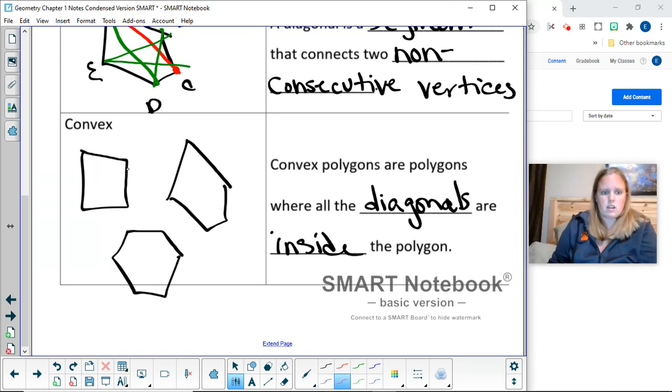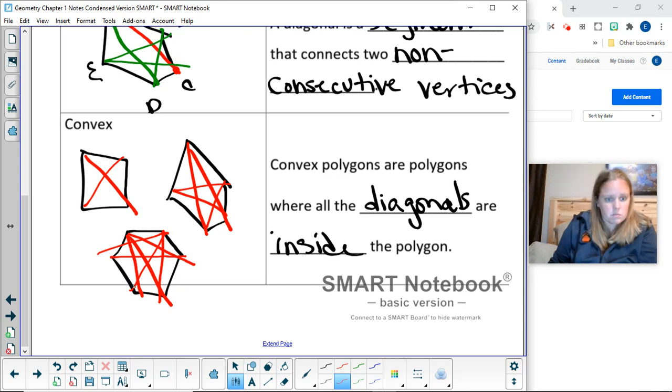And if you were to draw in these diagonals, you would see that they all end up on the inside. So it has quite a few diagonals. Try not to miss that in here. I think I got them all. All right, so these are all on the inside for convex polygons.